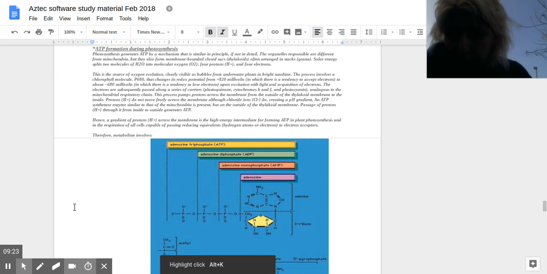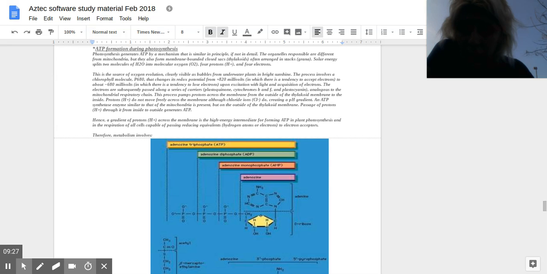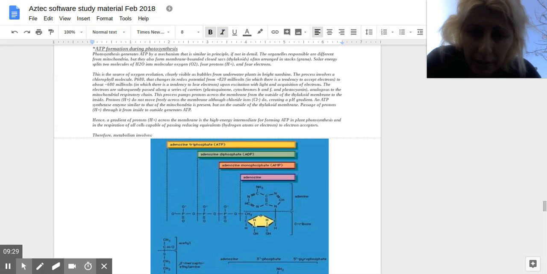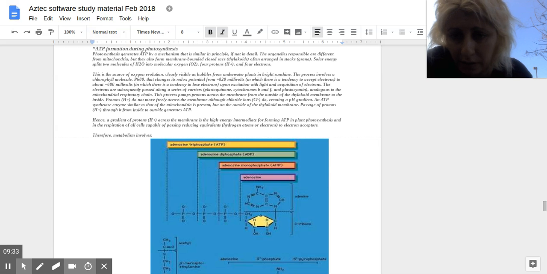Hence, a gradient of protons H+ across the membrane is the high energy intermediate for forming ATP in plant photosynthesis and in the respiration of all cells capable of passing reducing equivalents such as hydrogen atoms or electrons to electron acceptors.